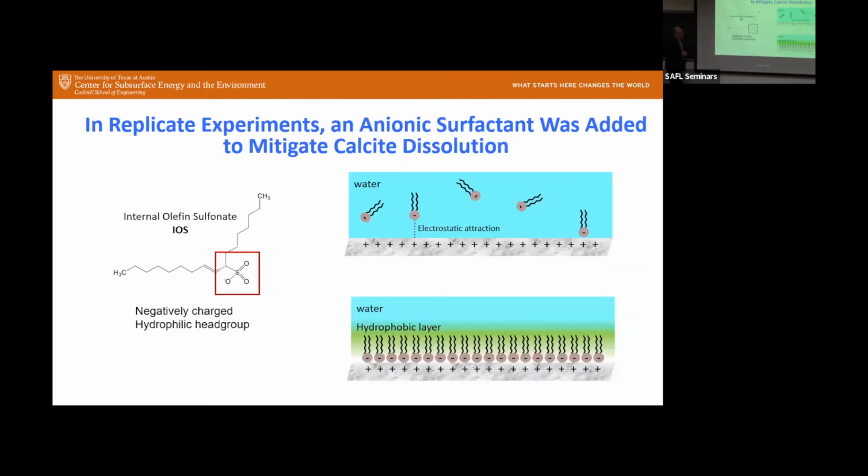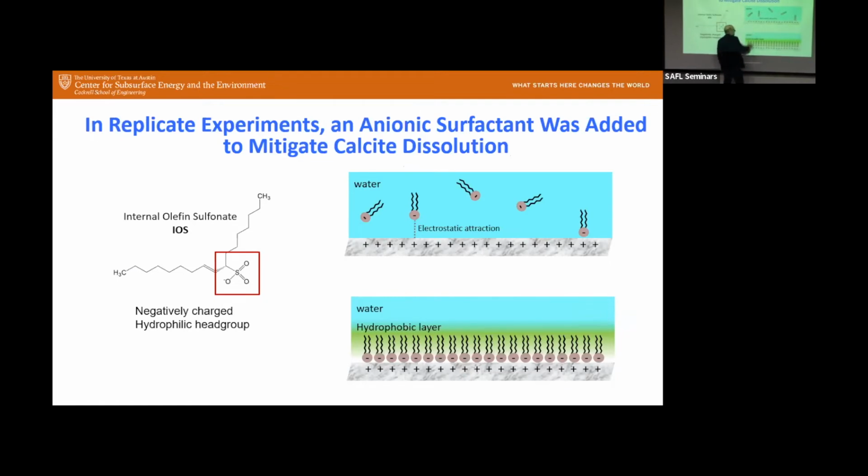For that, we turn to Kishore Mohanty. He's a collaborator in petroleum engineering. And they use this internal olefin sulfonate quite a bit when they do enhanced oil recovery. Carbonate minerals under supraneutral pH, and even down to a pH of 3.11, are positively charged. And this IOS surfactant is negatively charged.